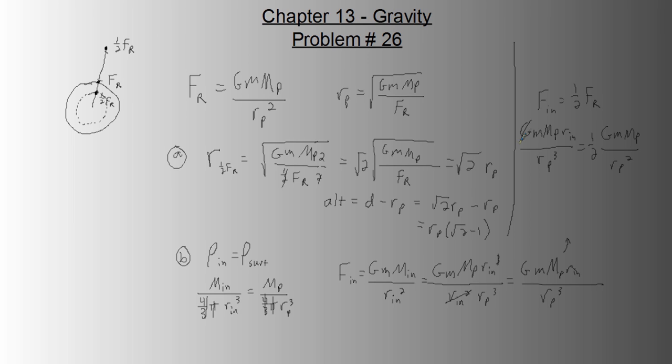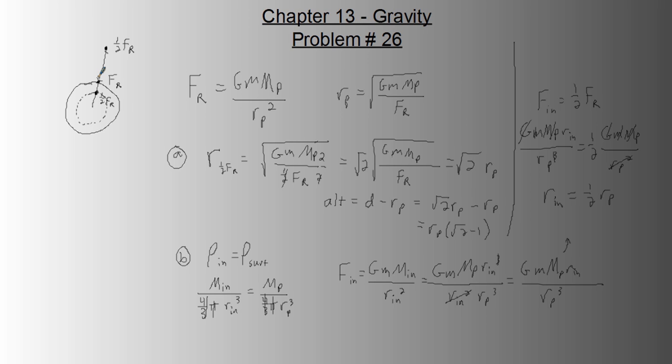So things cancel: G M P, G M P, these two rp's, two of these. So we'll just bring this third rp up, and we get r in, because that's all that's left over here, equals 1/2 r of the planet. So you basically have to go halfway down, halfway into the earth.